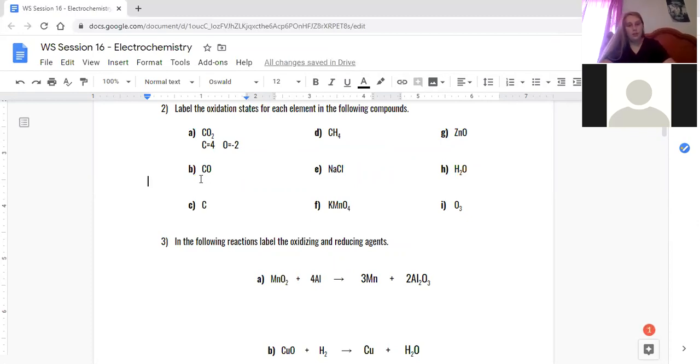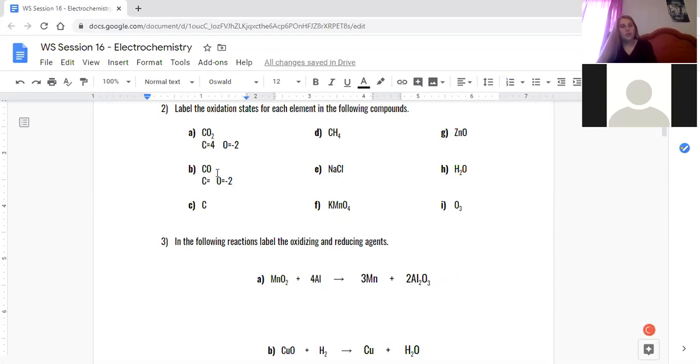So with this one, carbon is going to equal what? And oxygen is going to equal what? So see, we have the same elements, but they're just in different proportions. Just like before, oxygen is going to be automatically -2. So we know that much. But then we have to go to the carbon.